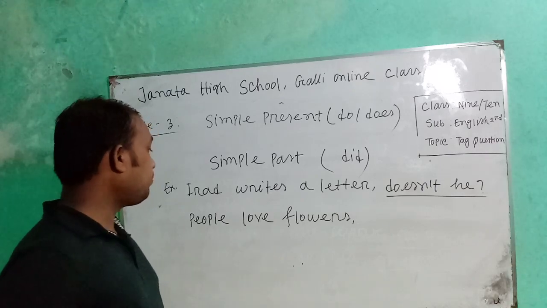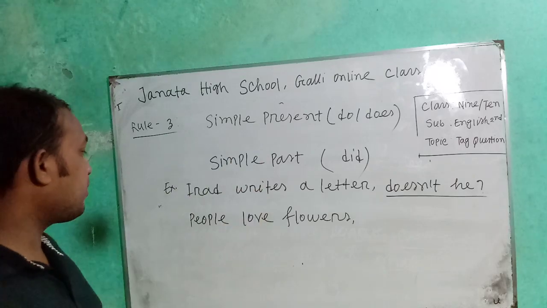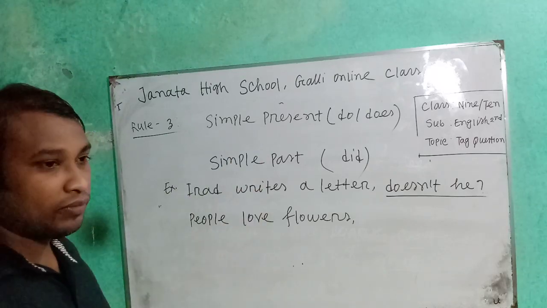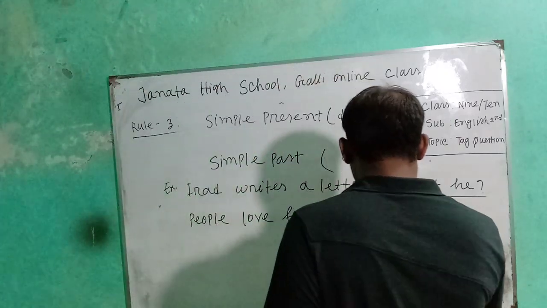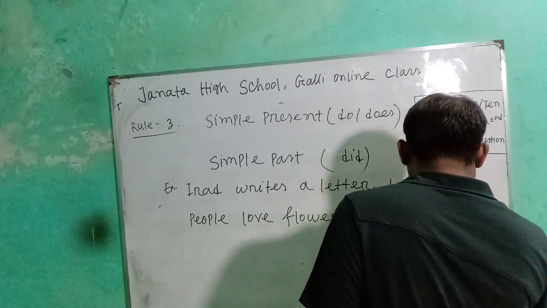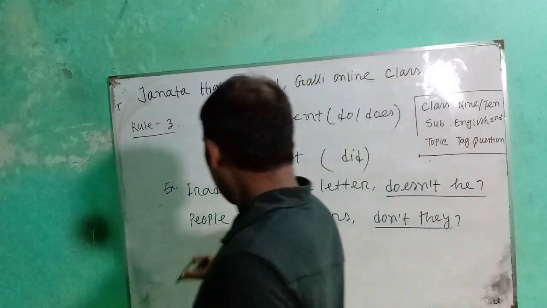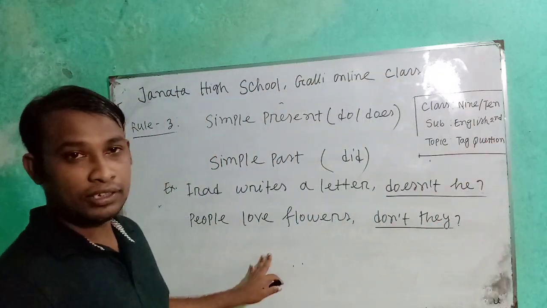As the sentence is in simple present, we have to use do or does. People is third person plural, so we have to use do. Don't they? Plural subject, don't they? Okay.